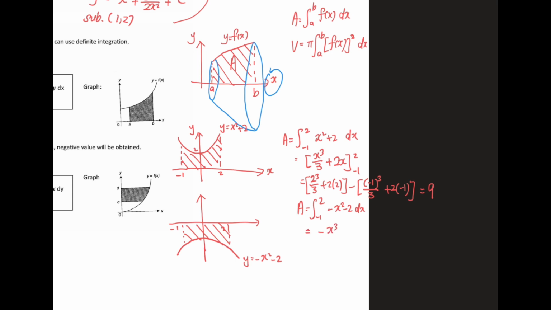Now you look at the second situation, you see the difference: negative x cubed over 3 minus 2x, from -1 to 2.